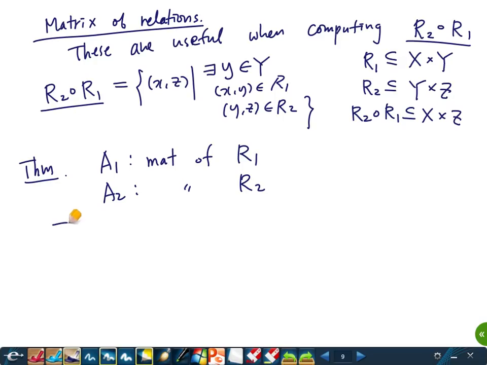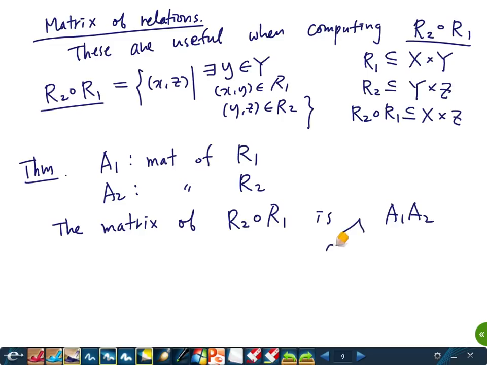Then, what is the matrix of R2 compose R1? It is almost like A1 times A2. It's a matrix multiplication, not quite the same.